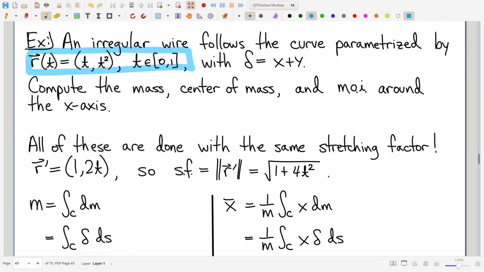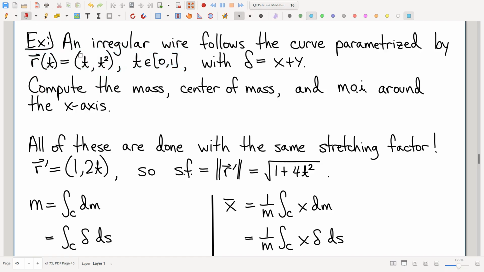In fact, I defined our curve by parameterizing it. That won't always be the case. Most of the time, you've got to do your own parameterizing, right? That's both most of the time in this class and most of the time in life outside of this class. You've got to do your own parameterizing.